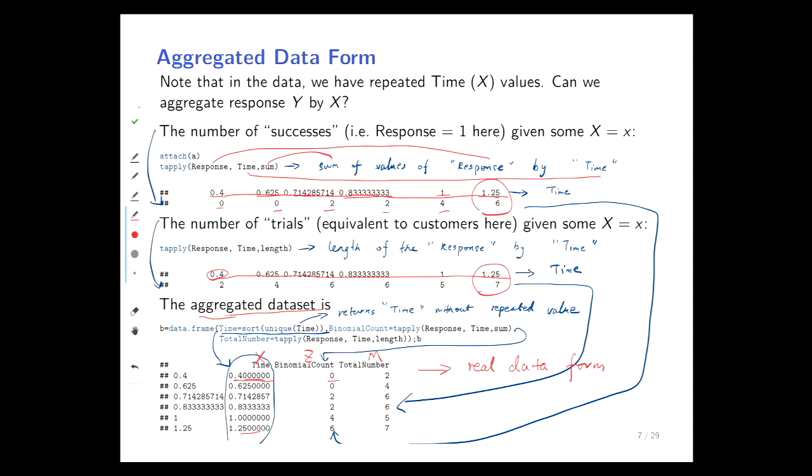So the aggregated data form here is, given each value of x, we have the value of z, and also we have the value of m. And in this case, we have 1, 2, 3, 4, 5, 6. So that means this is Z1, Z2, Z3, Z4, Z5, Z6.